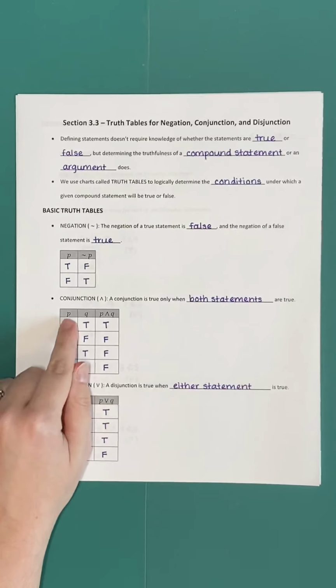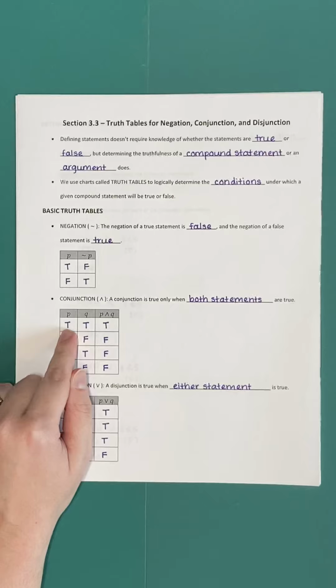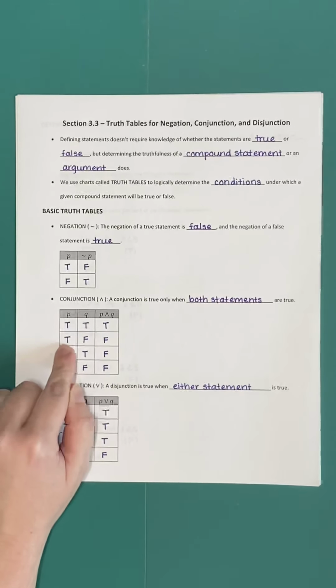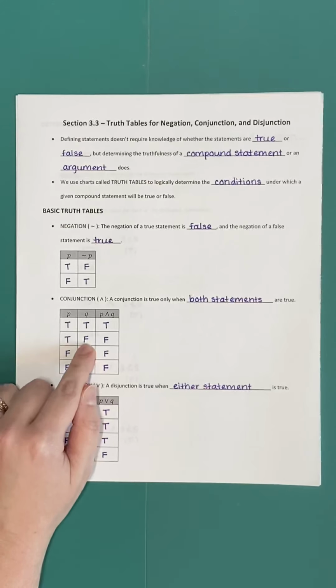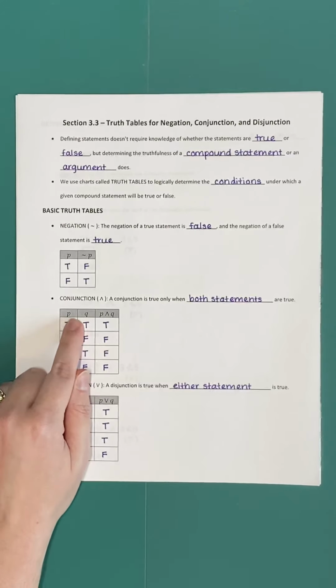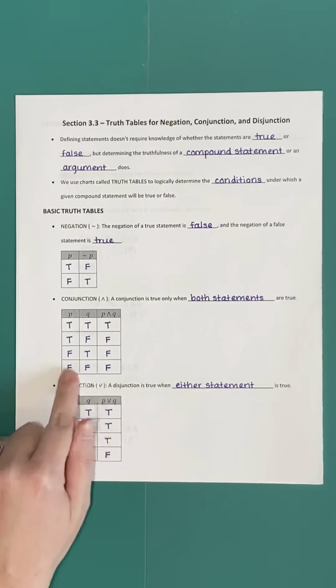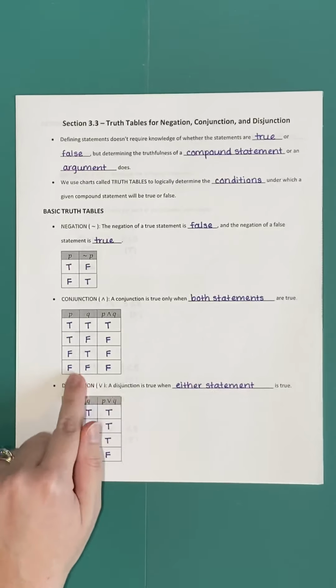We're going to start with all the possibilities where P would be true. So P could be true and lead to two possibilities. P could be true, and then Q could also be true, or P could be true, and then Q could be false. Okay. P could also be false. Well, P could be false and Q could be true, or the last possibility is that both of them would be false.